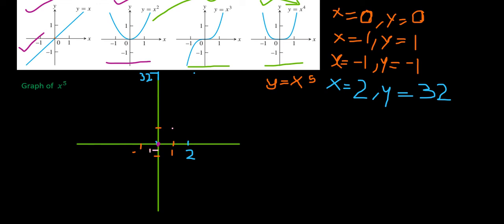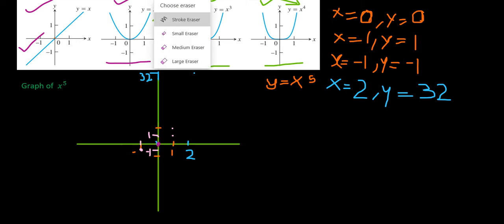So this is our 1 and -1, and here our point lies, and here our 1 lies. Simply we can erase the space between 1 and 32.